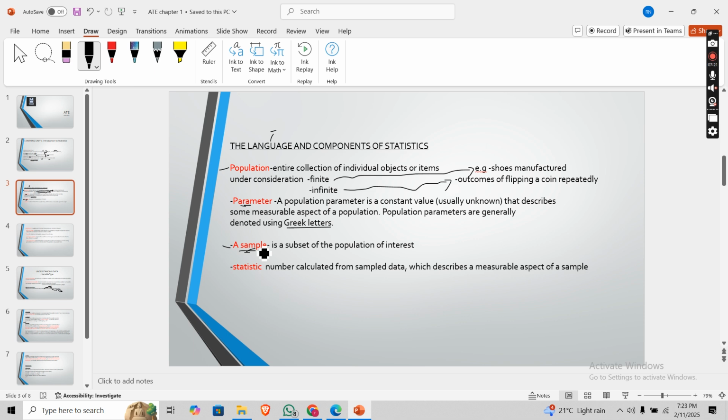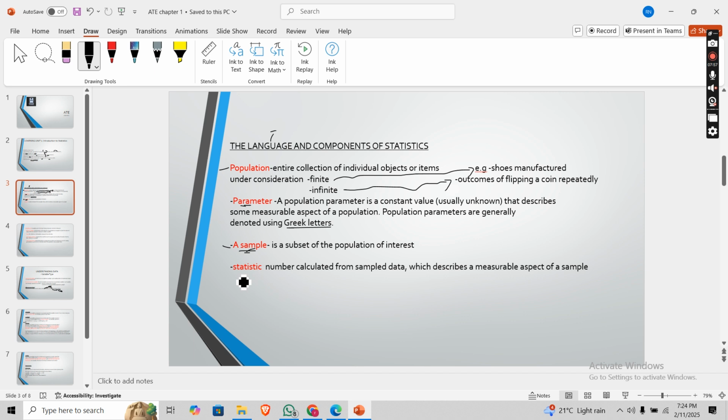If I then decide to take only 10 students from those 80 students, and then I measure data or count or collect data from only those 10 students and calculate maybe the mean or any other number, then those 10 students are called a sample, okay? As you can see, a sample is derived from a population.